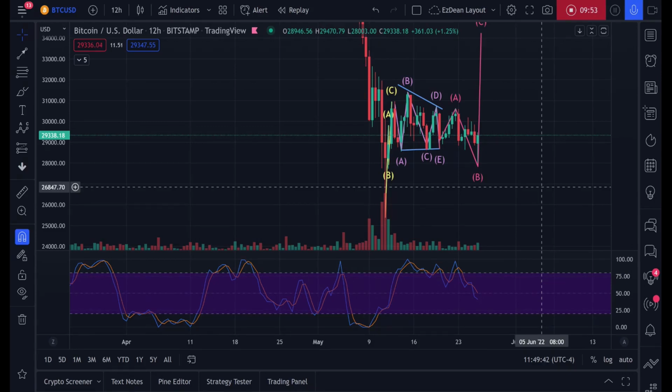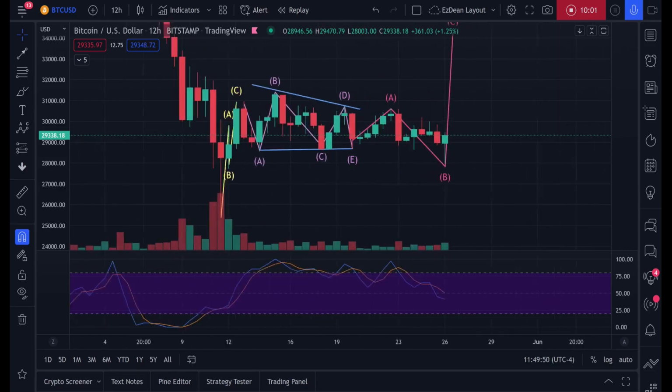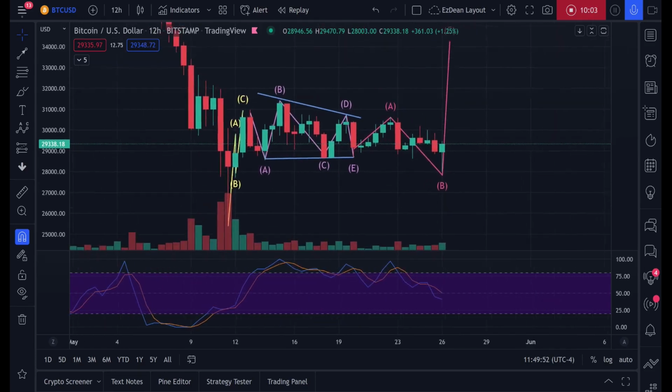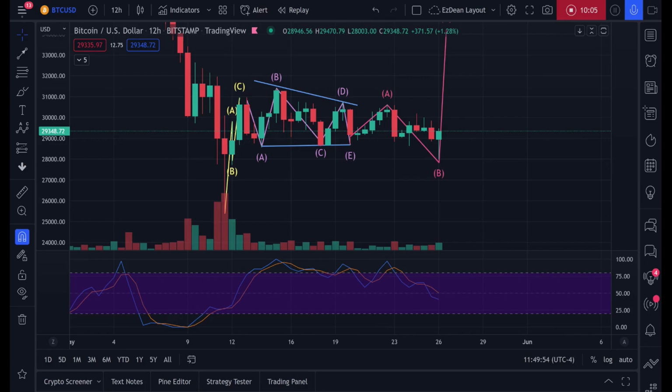So both volume and stochastic RSI, the two major indicators that I use on this channel, are indicating that this may have indeed been a bottom, and our reversal pattern may have indeed been completed with that dip down to 28 and the quick 5% jump up and out of that 28K region.